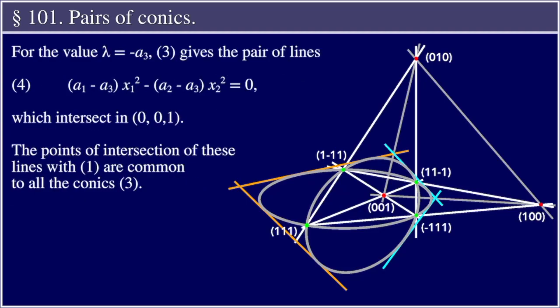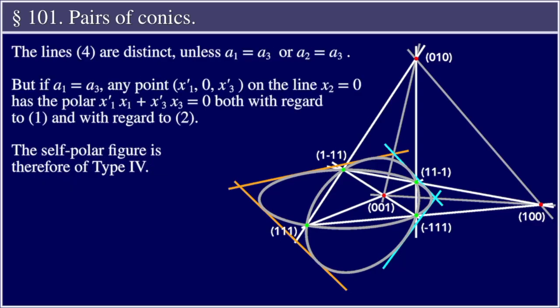For the value lambda equal to negative a3, 3 gives the pair of lines, equation 4: the quantity a1 minus a3 times x1 squared minus the quantity a2 minus a3 times x2 squared equals 0, which intersect in (0,0,1). The points of intersection of these lines with 1 are common to all the conics 3.